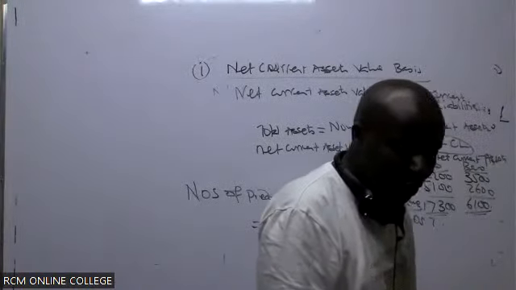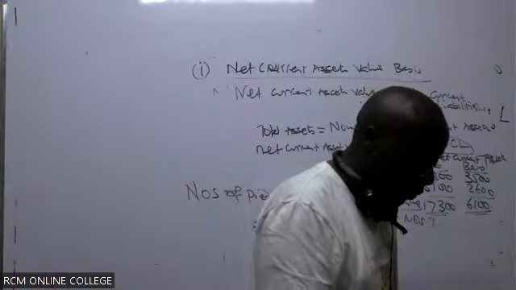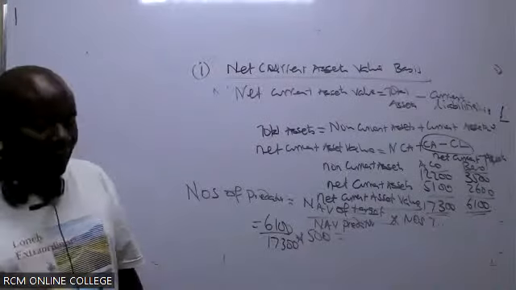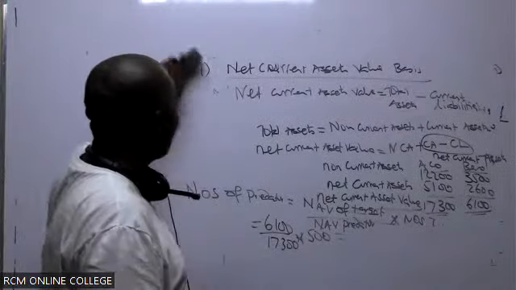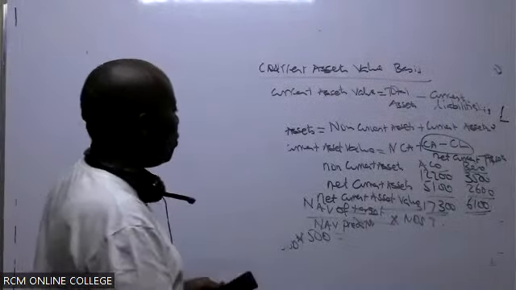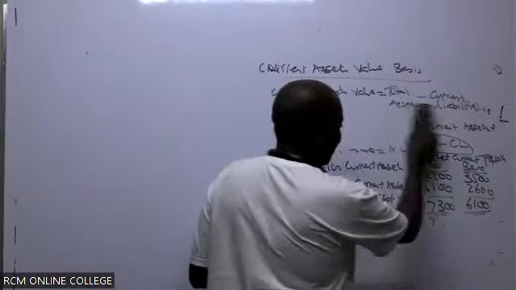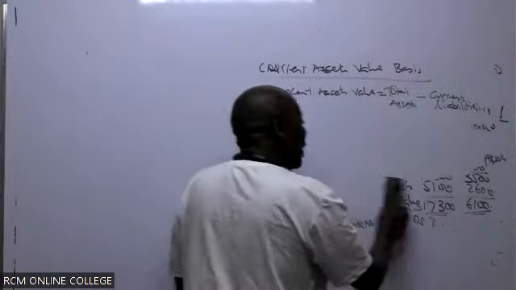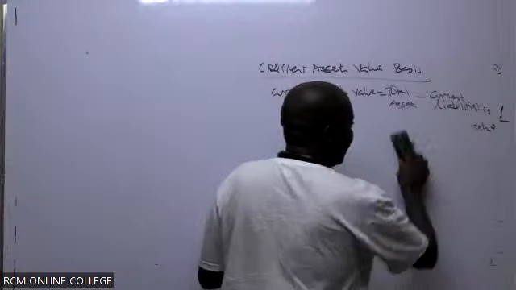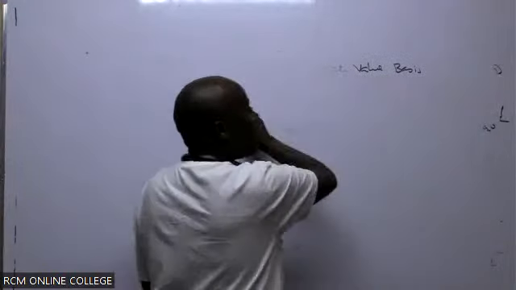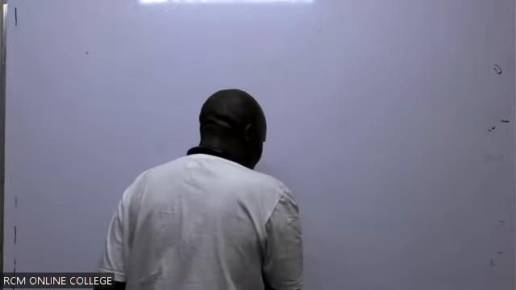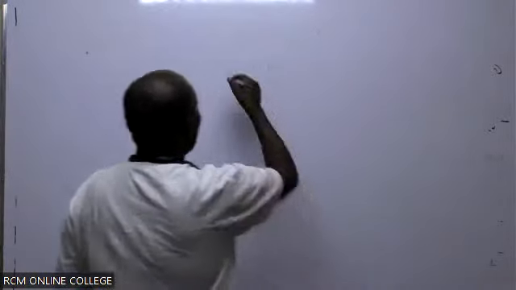In this case you have a company that has approached you wanting to buy all your shares. How do you get to value your business? You can't just say that you're going to sell this thing for 10 bob a share, for 20 bob a share. No, we need proper valuation. So how do we get to value our businesses?